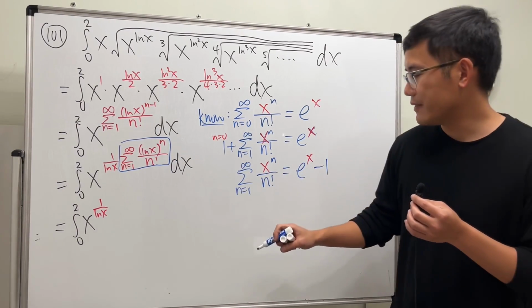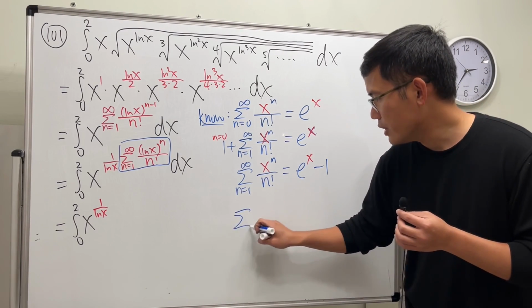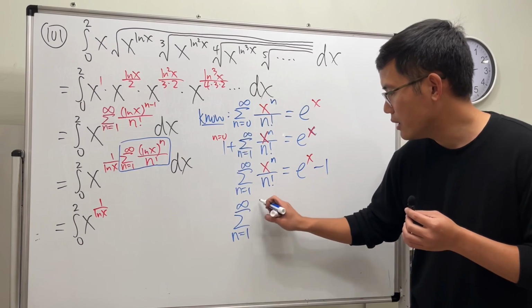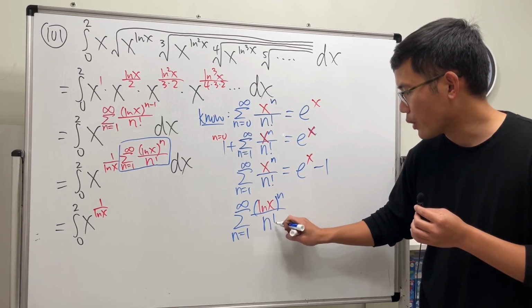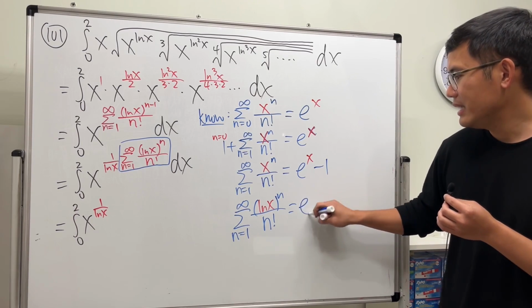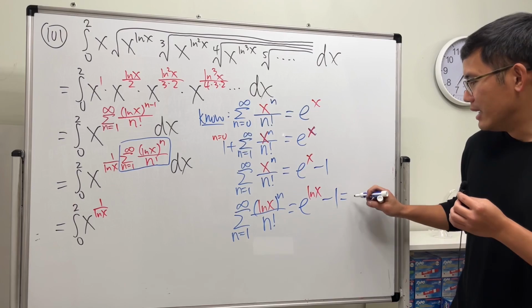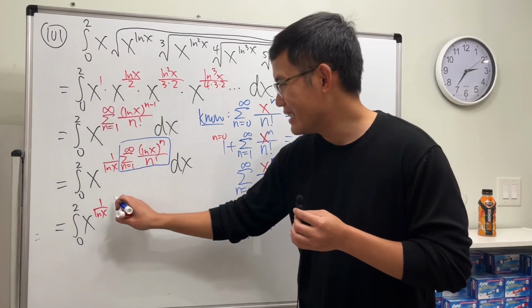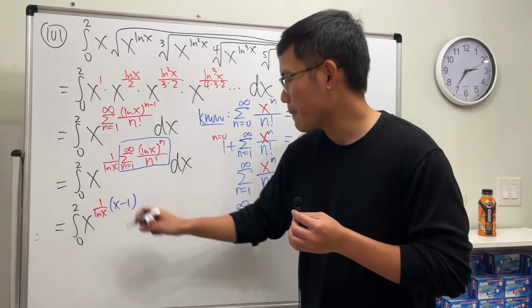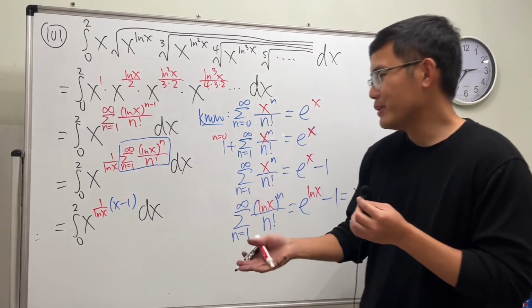So we can just have the following: the summation, n goes from 1 to infinity, of ln x raised to the n over n factorial. This is just what? e to the ln x power minus 1, aka x minus 1. So this thing here is just x minus 1. Good, but it doesn't look any better, right?